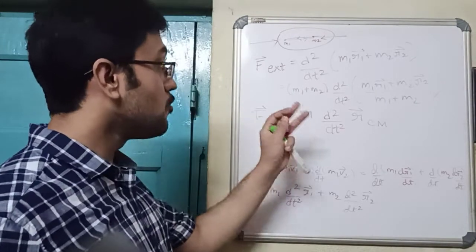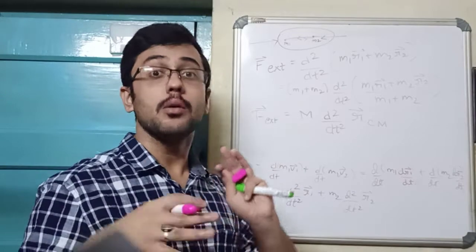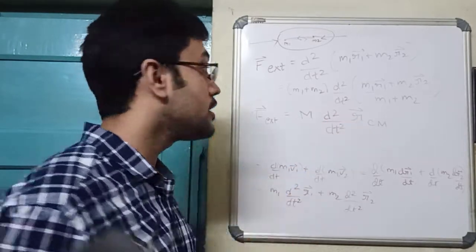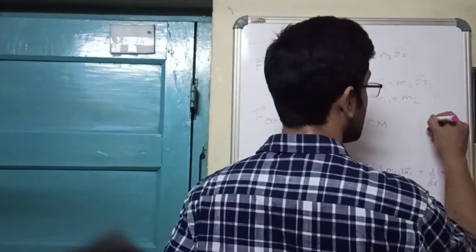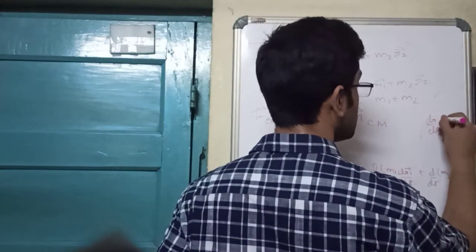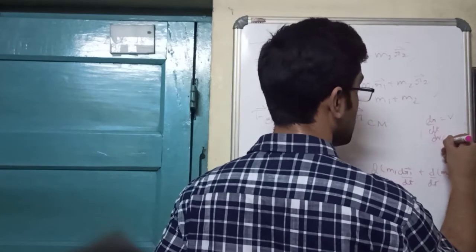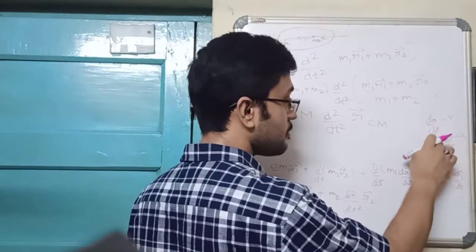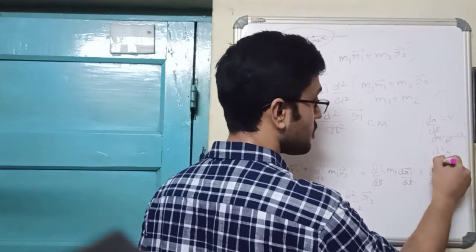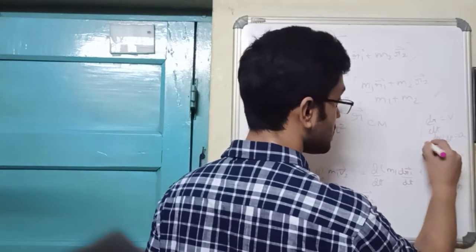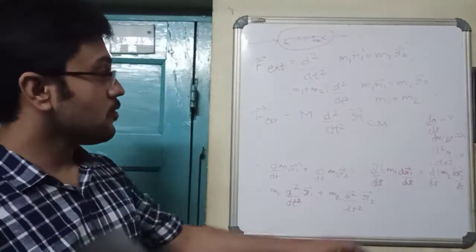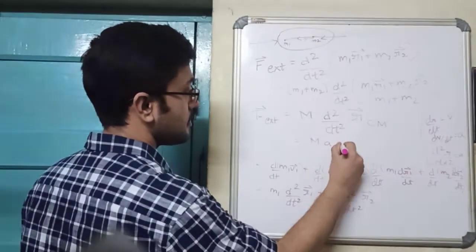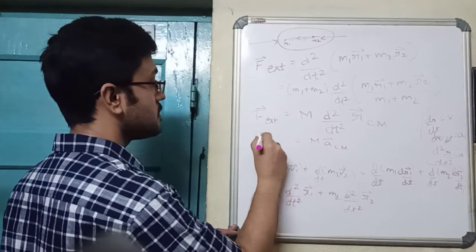So from basic calculus, the second derivative of the position is acceleration, because we know that the first derivative of the position is velocity and the first derivative of velocity is acceleration. So from there, what this basically is, is mass times acceleration of the center of mass.